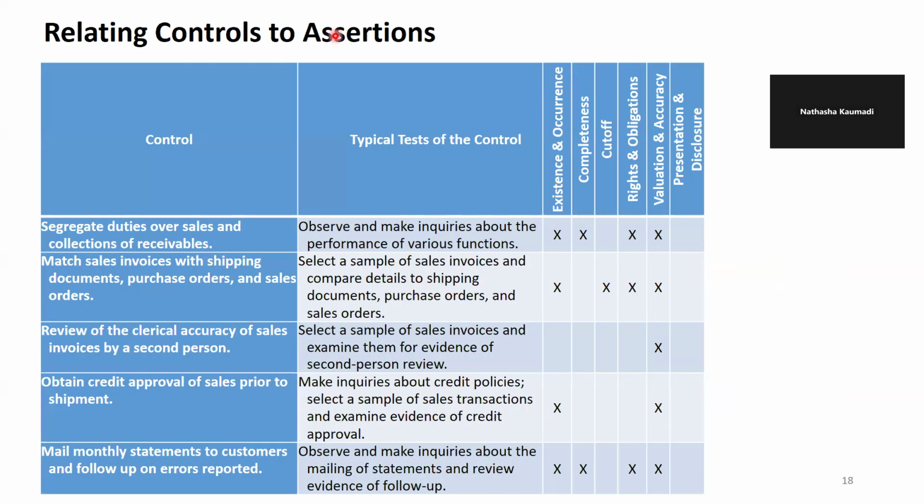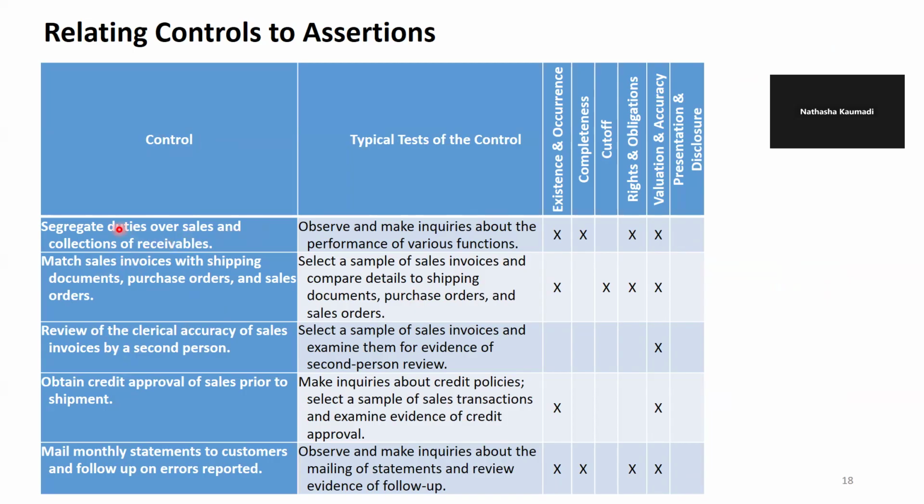Okay, now there's a table again relating controls to assertions. If you take this one control, what is that first control? Segregate duties, okay? Segregate duties over sales and collection of receivables.